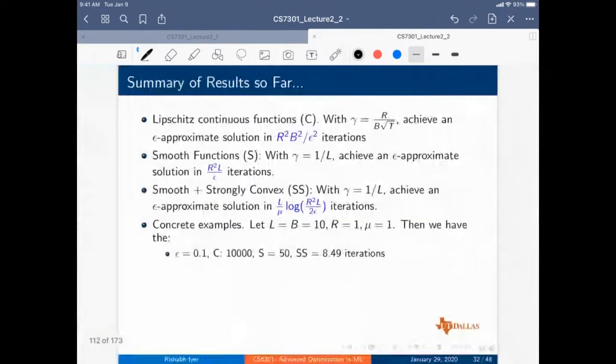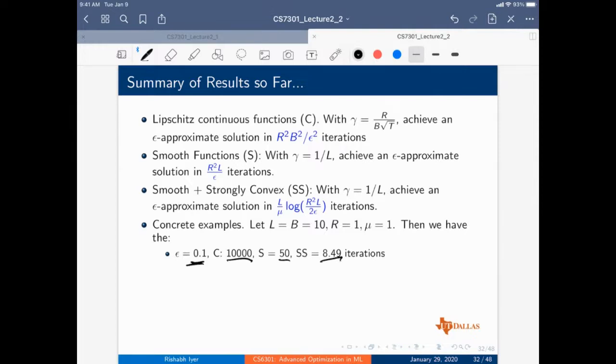Then theoretically, for an error of 0.1, in the Lipschitz continuous case we would require 10,000 iterations. In the smooth case, we would require 50 iterations. But in the strongly convex case, we require only 8 iterations.